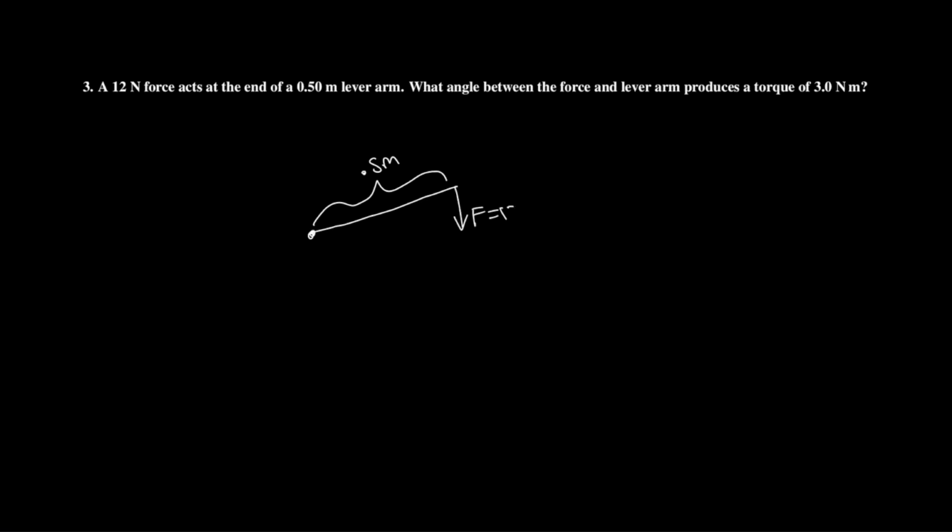We have a force of 12 newtons. Now, we're looking for the angle between the force and the lever arm. So I'm just going to call this theta. This is an unknown theta right now. But we know what the final torque should be. So we know torque should equal 3 Newton meters.